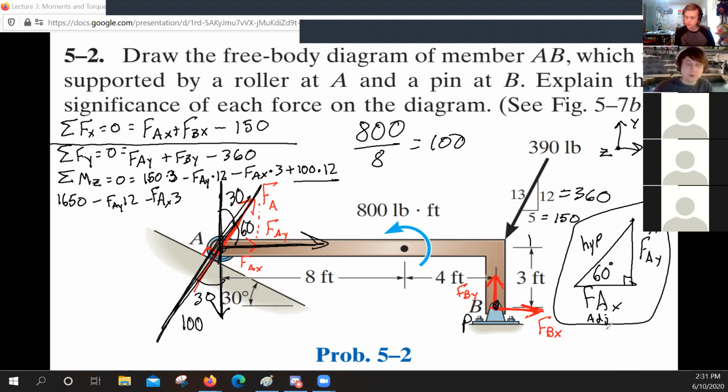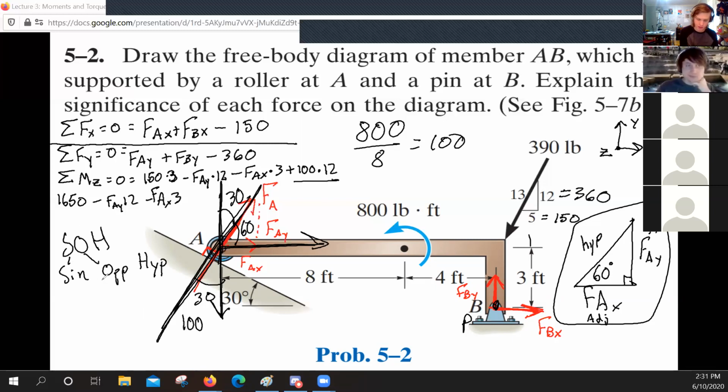For remembering what trig functions to use, I always remember SOHCAHTOA. I like it because it sounds like suck a toe. SOHCAHTOA is basically just a letter for each thing.